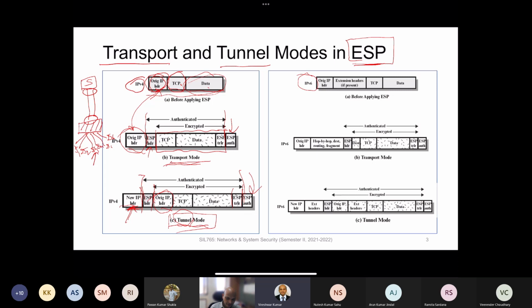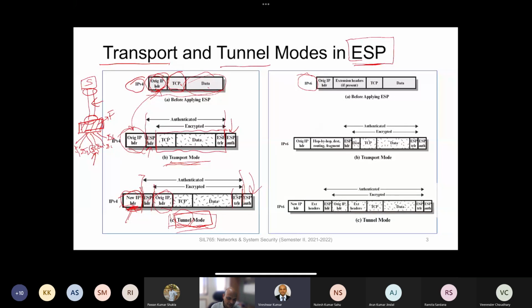But what you could do is, in the tunnel mode, when you add this new IP header, this IP header will only correspond to the IP address of this firewall. So now whoever takes a look at the packet while it is being communicated in the tunnel will know that this packet is destined for the firewall, but will not know the actual destination of this packet.